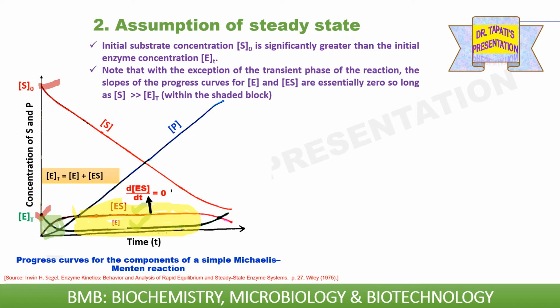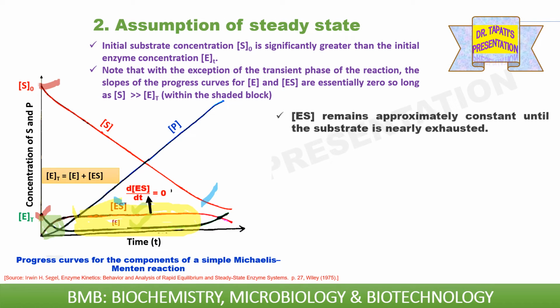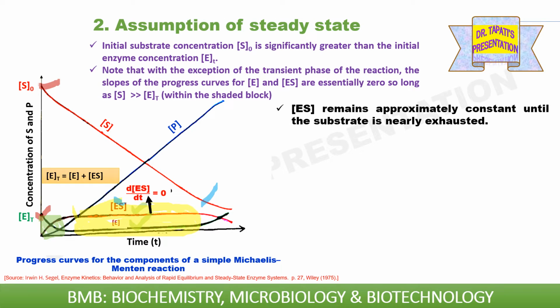So you can say that ES remains approximately constant because the slope is zero. ES remains approximately constant until the substrate is nearly exhausted. Hence, the rate of synthesis of ES must equal its rate of consumption over most of the course of the reaction.